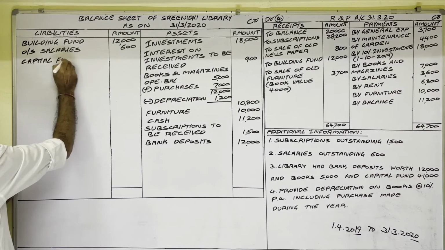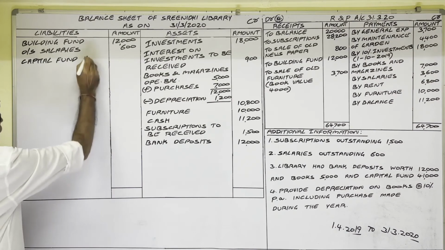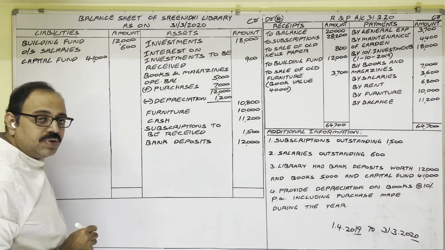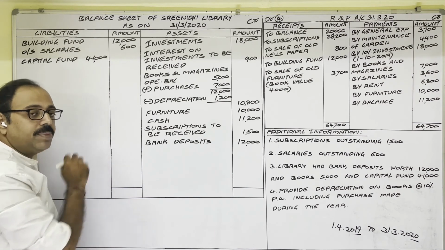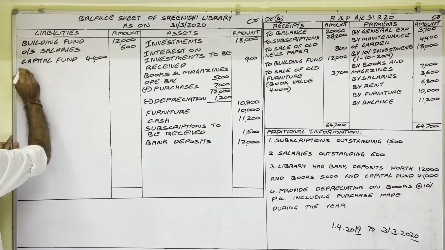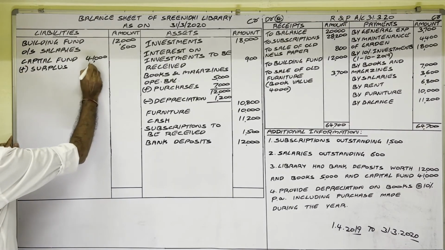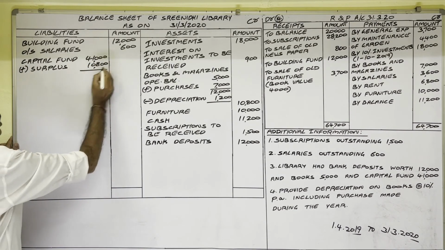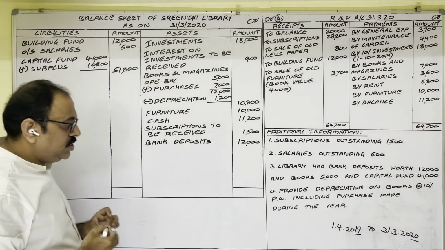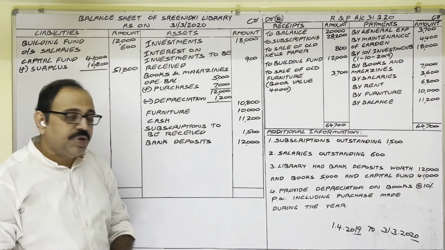Capital fund in the inner column 41,000 rupees. In the income and expenditure account, surplus is our answer. If surplus comes, we should add that to the capital fund. If deficit comes, we should subtract. Plus surplus 10,800 came. Total in the outer column 51,800. The last one we have taken here is depreciation.